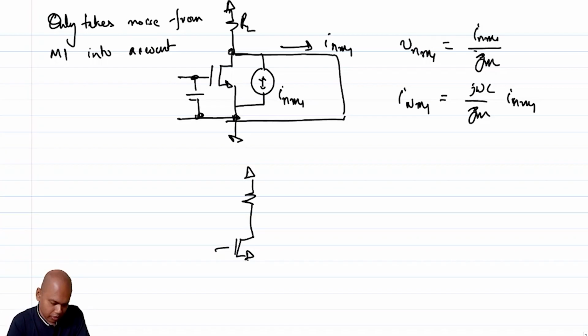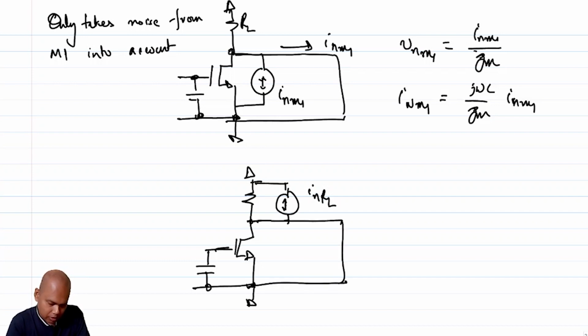Then what should I get? Nothing changes here. You can use the equivalent noise current model or the noise voltage model for the RL, but in this context I would prefer using the noise current model. So this is INRL, the INRL that flows out.